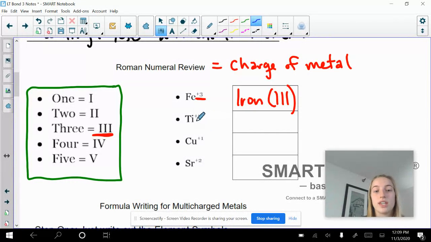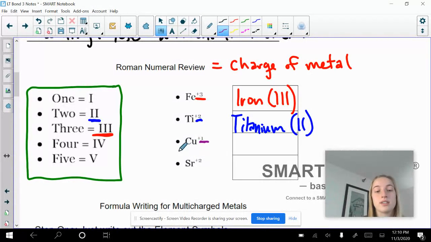The second one, we're looking at titanium with a +2 charge. So the first thing I'm going to do is write out titanium. Won't fit in my box, but yours, it'll get bigger, so it'll fit in yours. Titanium with a +2 charge means I'm going to put my Roman numeral 2 in there, or 2 capital I's.